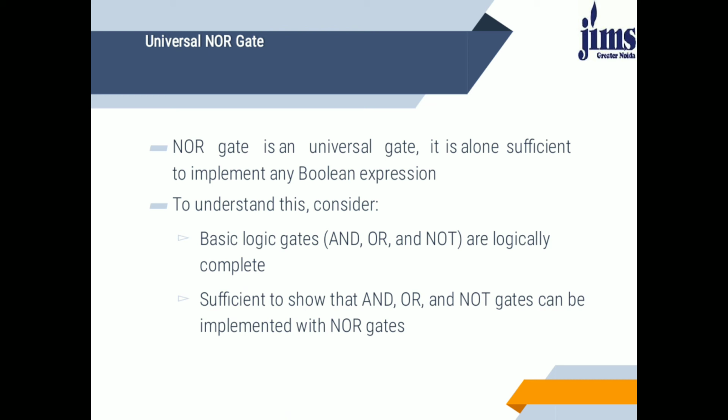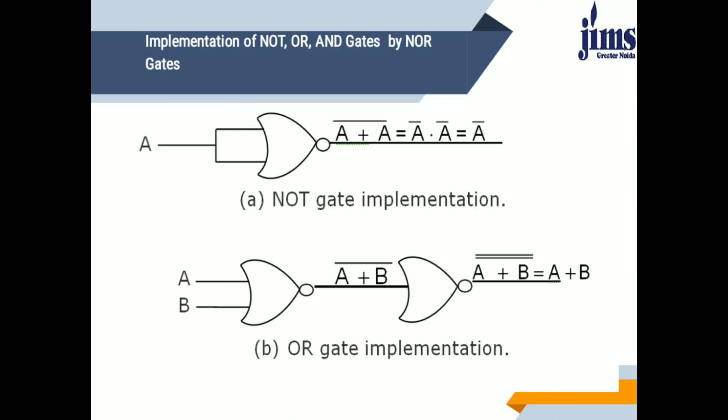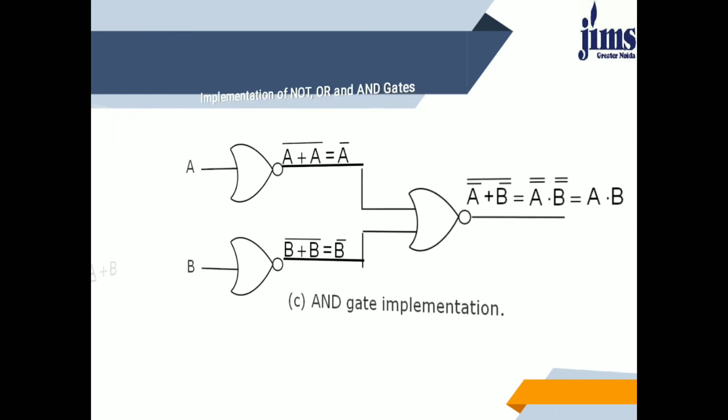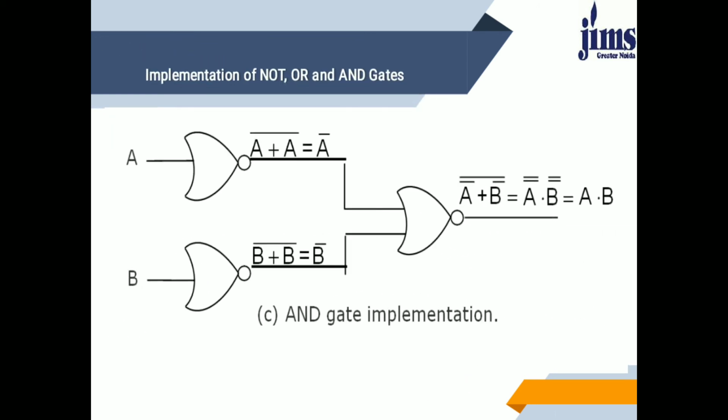Now to generate OR gate we need 2 NOR gates, and for generating the output equivalent to AND gate we need 3 NOR gates. So this is the way through which we can implement any kind of basic gates using NAND gate and NOR gate.